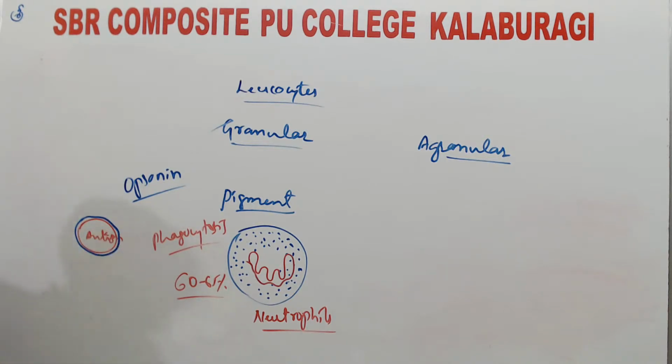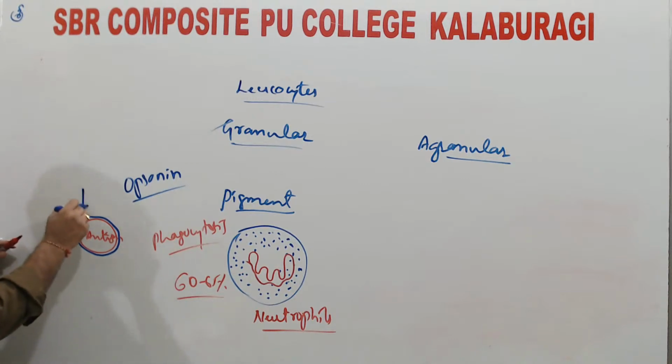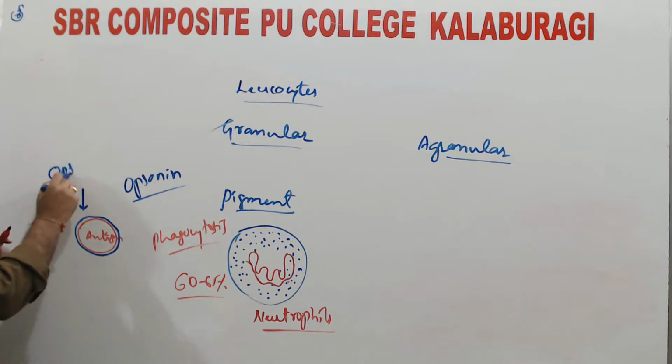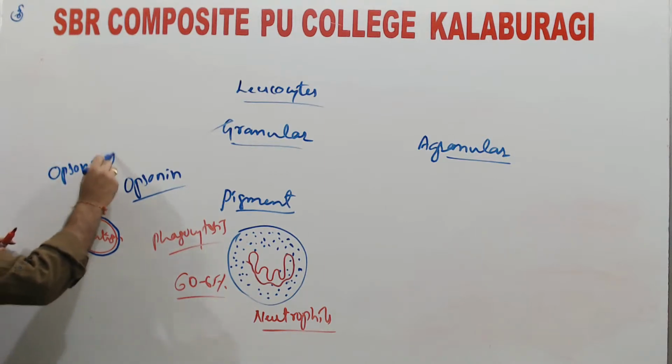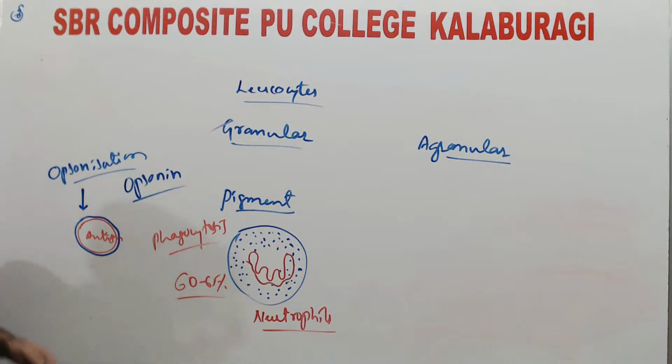This opsonin is mainly secreted by the phagocytic cells, like the neutrophils, eosinophils, or the macrophages. Because of this deposition of opsonin onto the surface of the antigen or pathogen body, it is known as the opsonization process. Because of opsonization, the opsonin protein gets deposited around the pathogen, and the phagocytic cell moves towards this opsonin content.